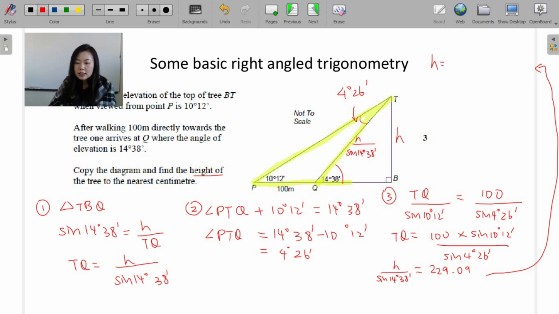So h is equal to 229.09 times sine 1438, which is... Hold on a sec, let me just make sure I got this.